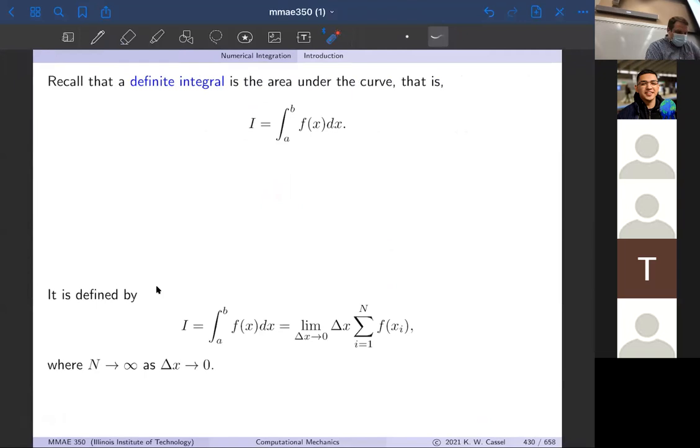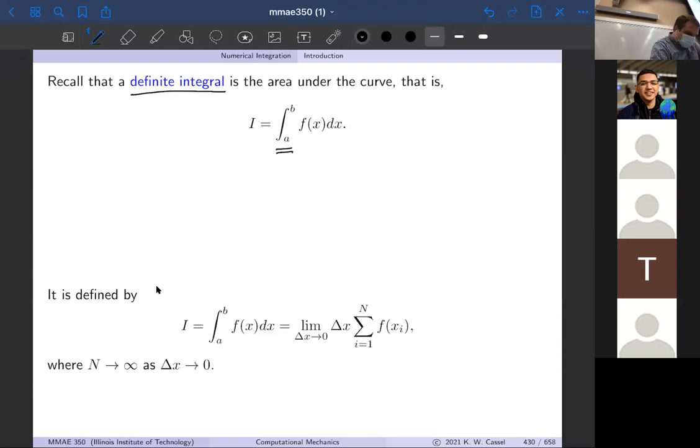All right, so let's just back up and think about a definite integral. Remember, a definite integral means it has limits of integration. An indefinite integral does not have limits of integration. An indefinite integral is just the opposite of a derivative. A definite integral has the limits of integration.